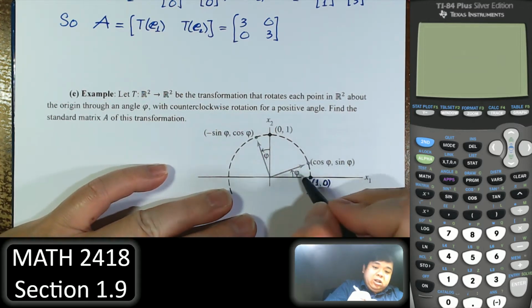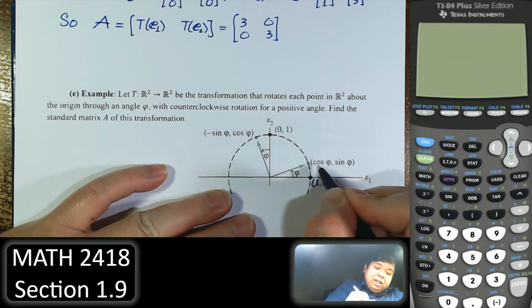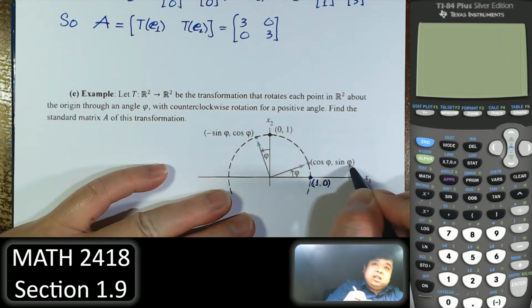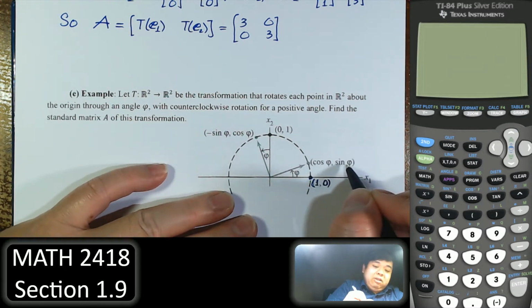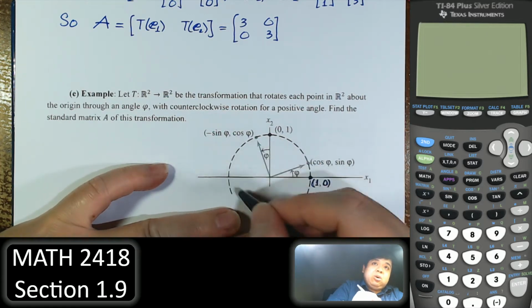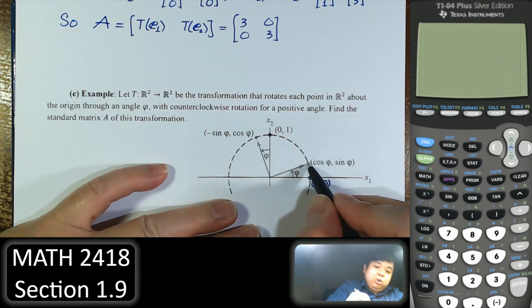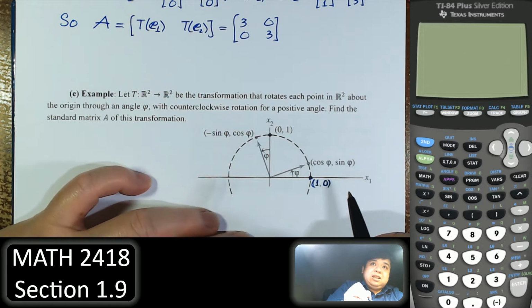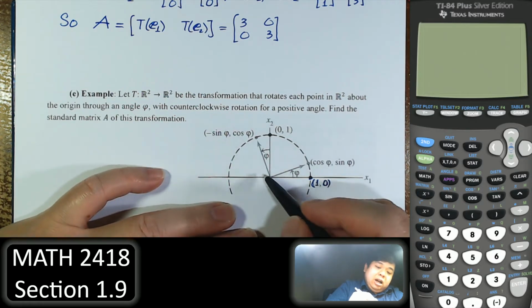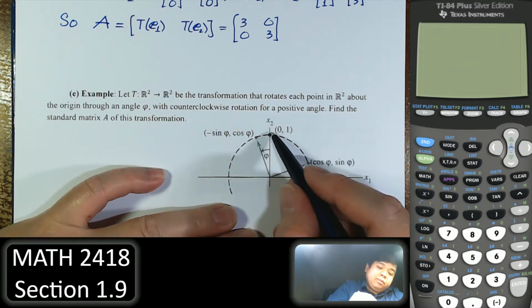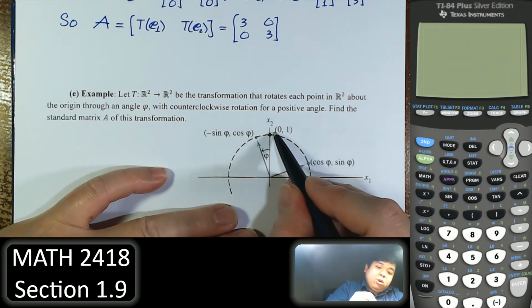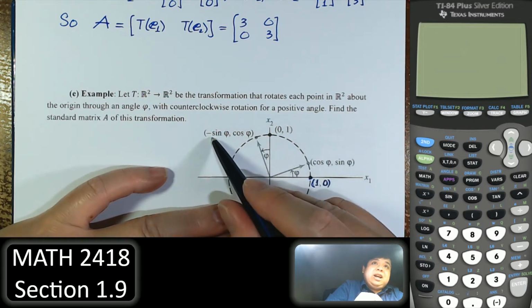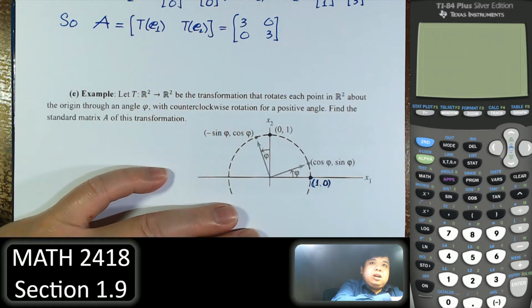The transformation through an angle phi is given by cosine and sine, right? That is the definition. This is the unit circle, so we go from 1, 0 to cosine and sine. Similarly, we go from the point 0, 1 to negative sine and cosine.